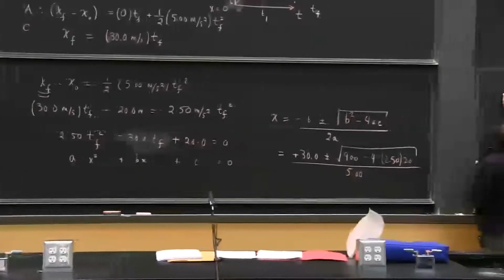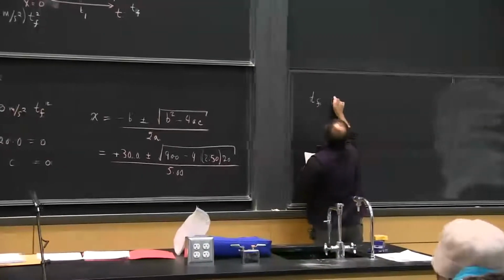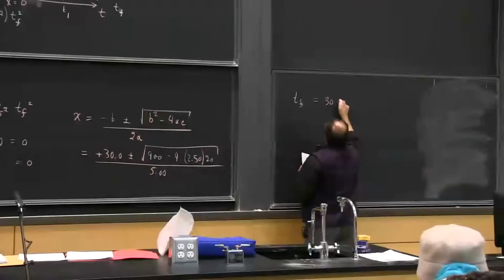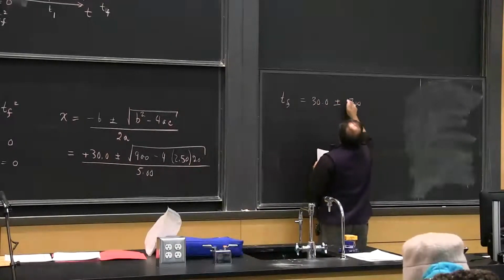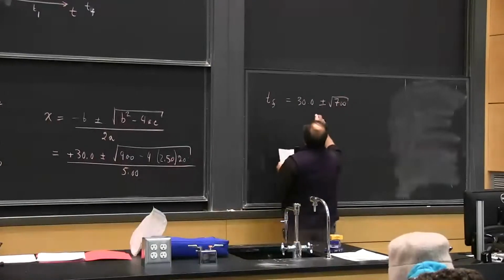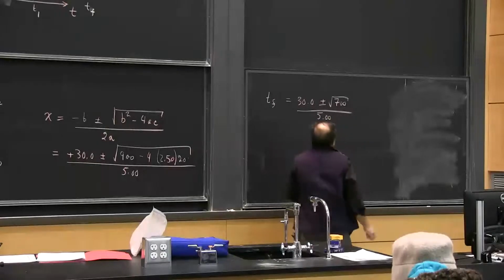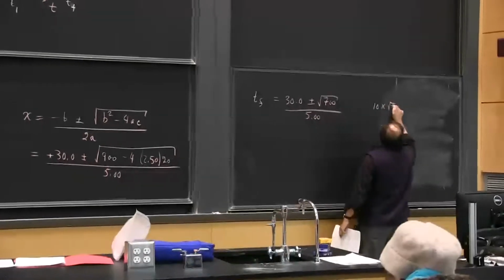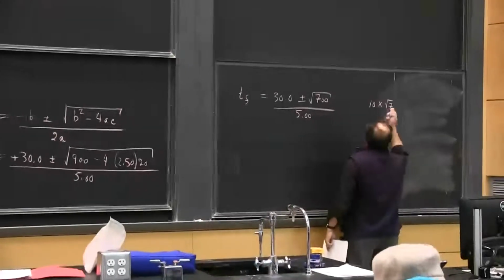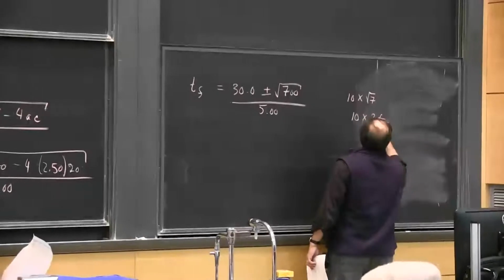So at any rate, if you do the calculation now, then T final comes out to 30.0 plus minus the square root of 700, divided by 5. The square root of 700 is not the most pleasant thing, so it's 10 times root 7. If you play around a little bit with trial and error, the closest you can get to is 2.6.